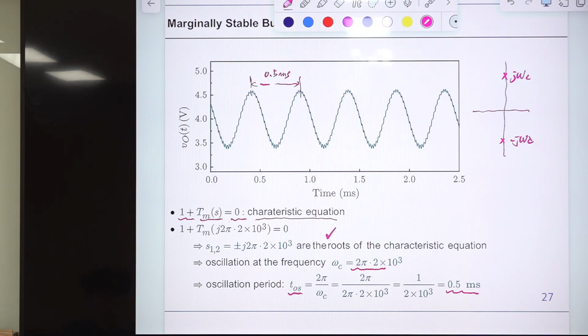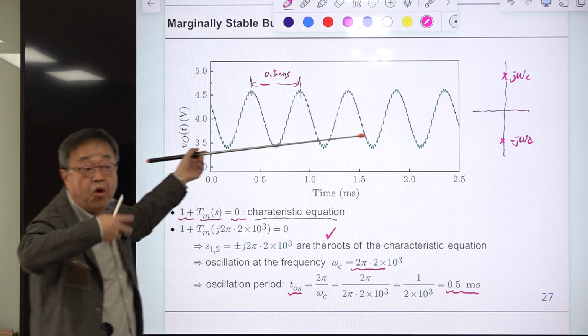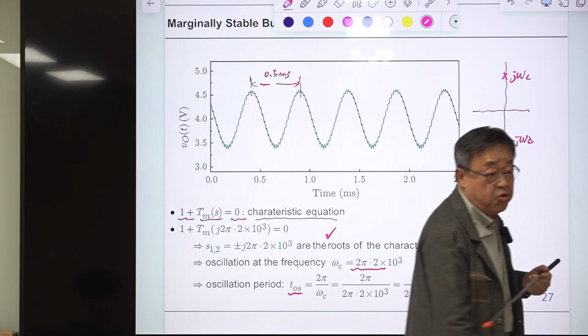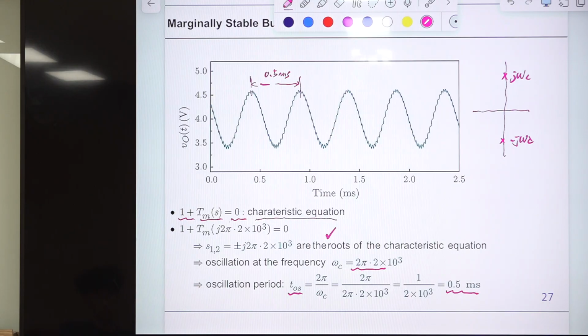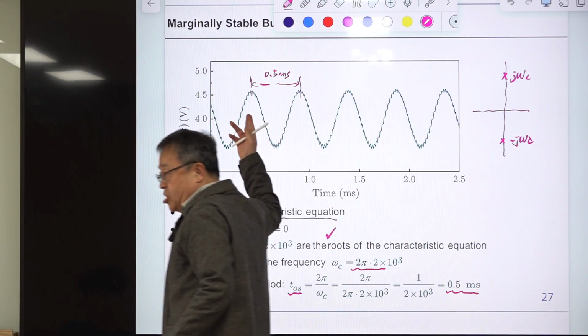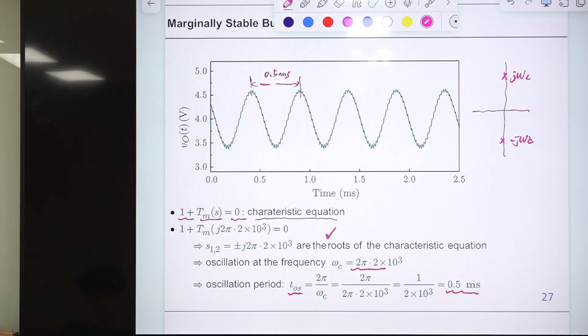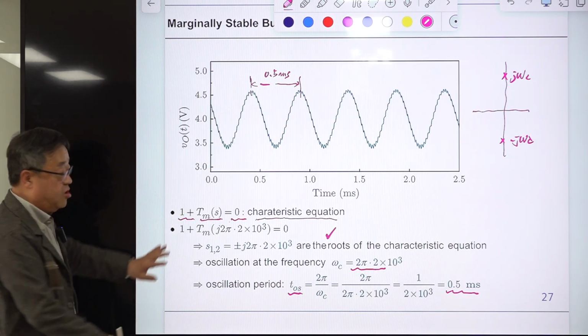The magnitude should be determined from something else. I don't want to go into those details here, but this frequency is accurately estimated from classical control theory. And this comes from the ripple, so you ignore this, then everything is okay.